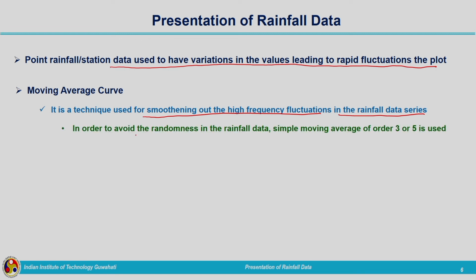In order to avoid the randomness in the rainfall data, simple moving average of order 3 or 5 is used. Commonly used moving averages are: 3 data points considered, average taken; 5 data points considered, average taken. How it is done we will see, but this is utilized in order to avoid the random fluctuations.